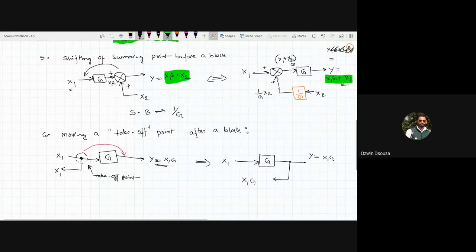Okay. So what is the signal value in the bottom path? Before shifting the takeoff point, it is only x1. But after shifting the takeoff point, the signal value has become x1 into g. So that means to say you have altered the signal value, which you are not supposed to do. So how are you going to correct it? You will be able to correct it provided you multiply this signal x1g with 1 by g.